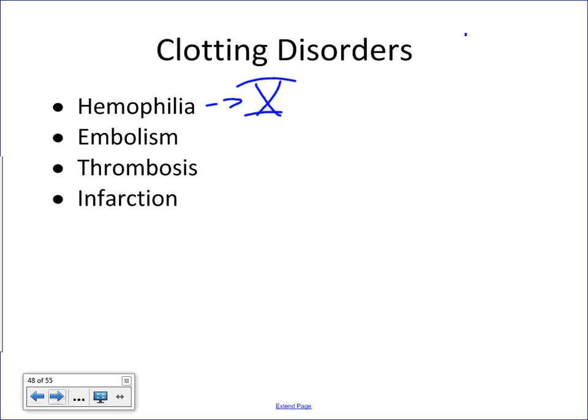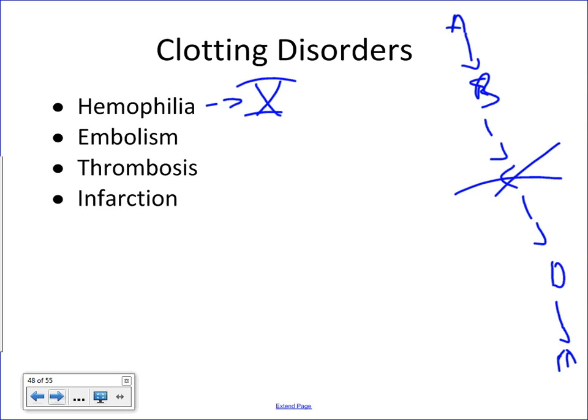When we're talking about these cascade or waterfall effects from A to B to C to D to E, if we completely remove one of the parts in this pathway, that pathway is done. It won't be able to transition to the next point.